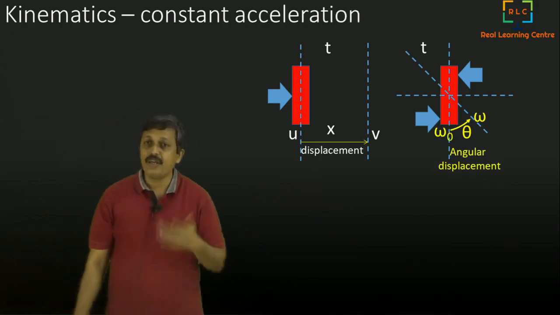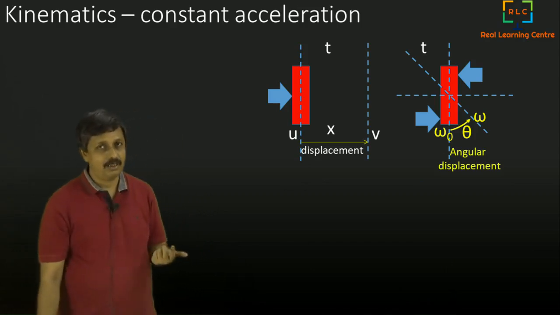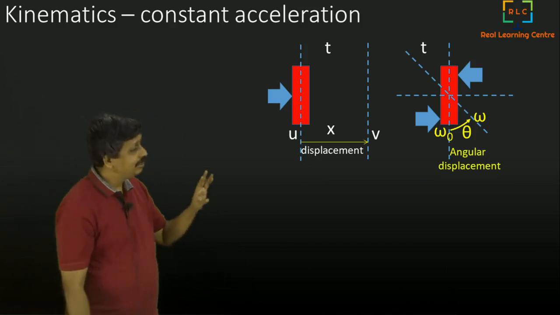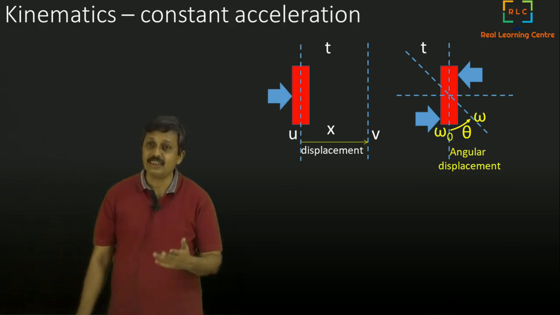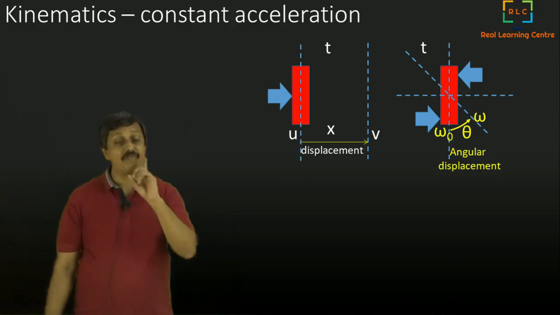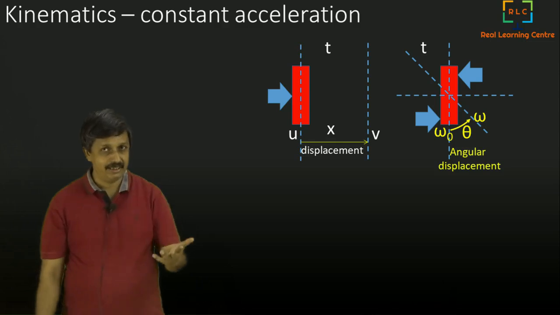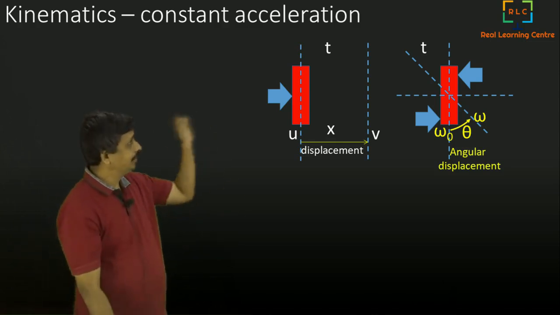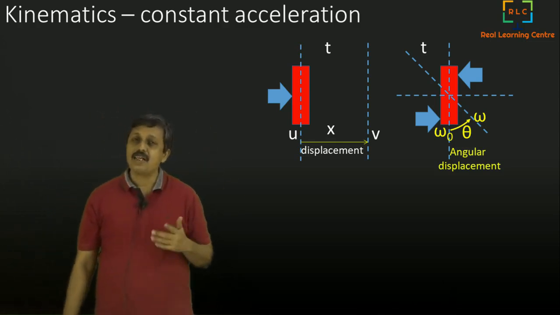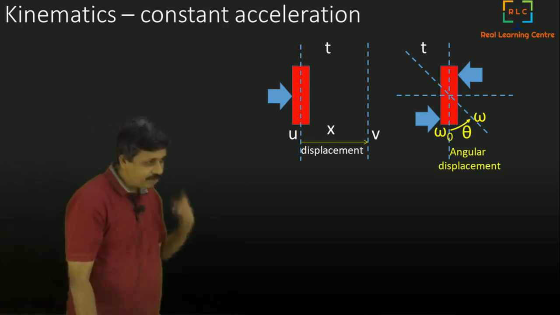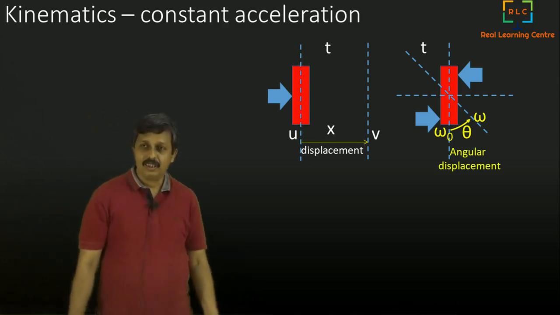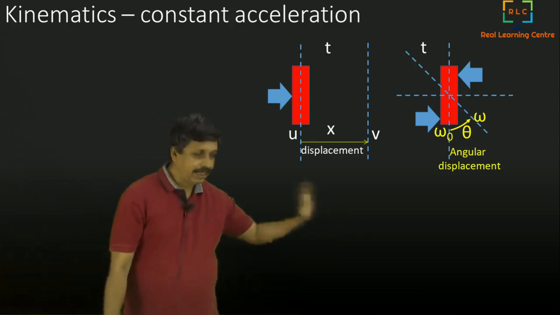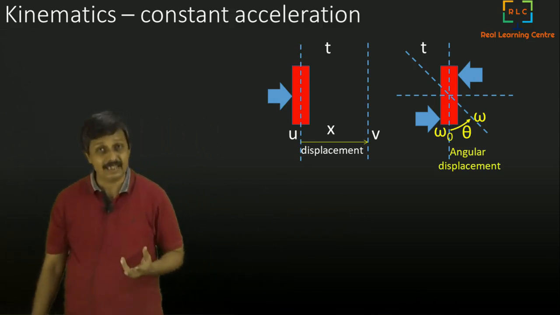So we have to go into a constant acceleration formula. Here, velocity is changing at a constant rate. If it is changing at a constant rate, then we call it constant acceleration. So we are going to write down the constant acceleration kinematics formulae that we know of and see what they mean in angular scenarios, that is in the rotational scenarios.